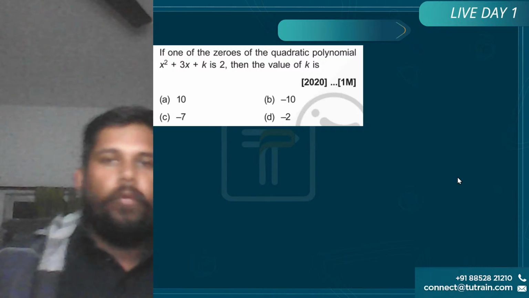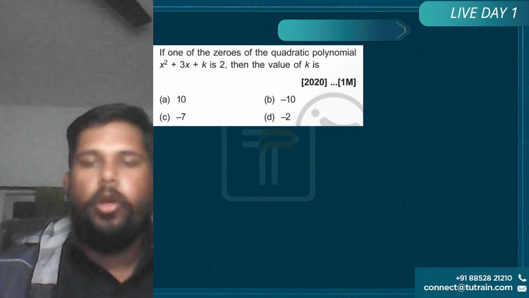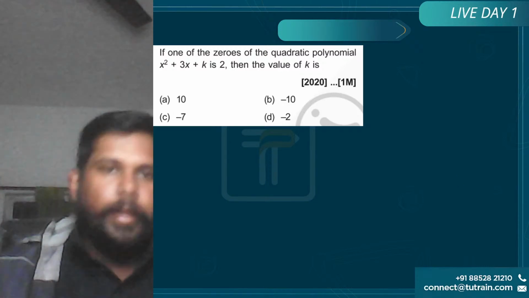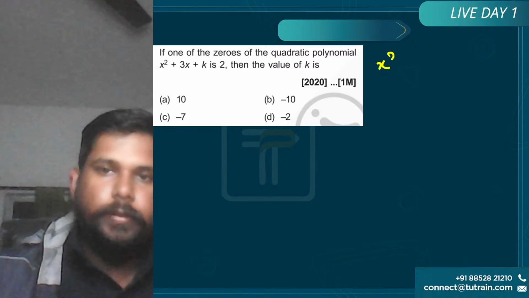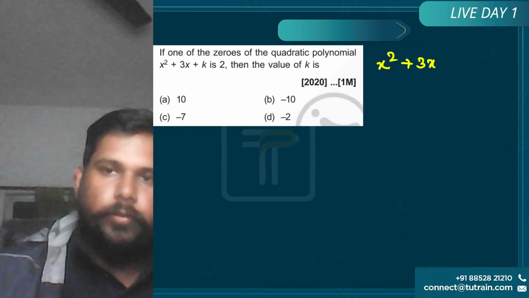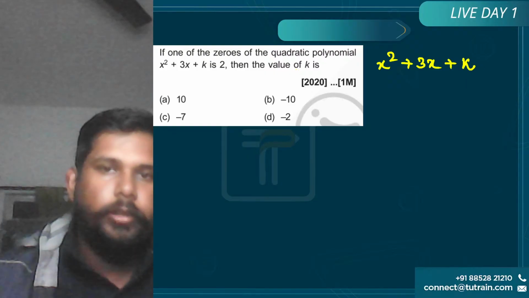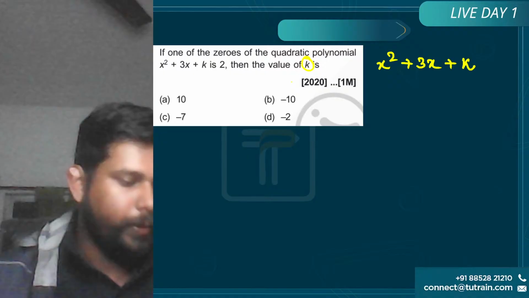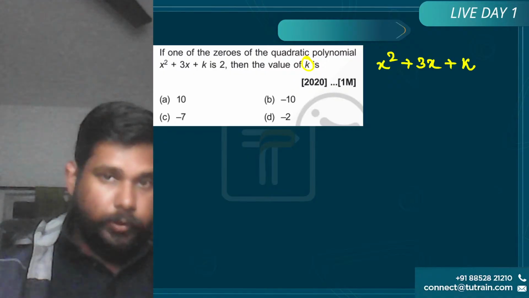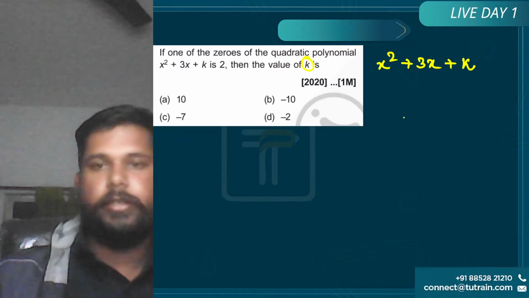Now if one of the zeros of the quadratic polynomial x square plus 3x plus k is 2, then you need to find the value of k, right? I can see the answers in the chat box.